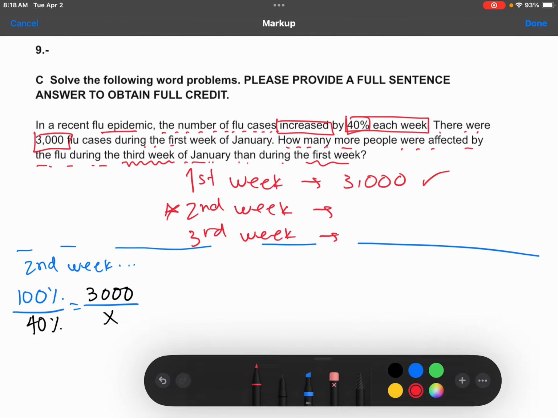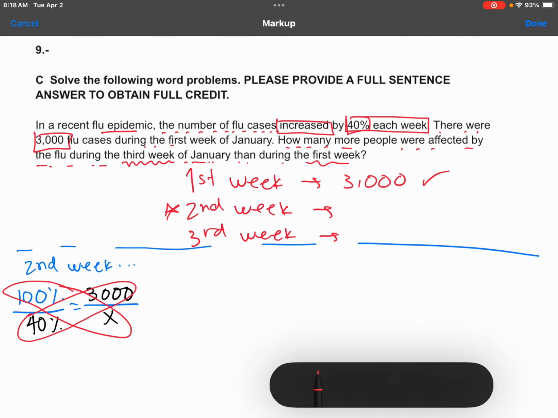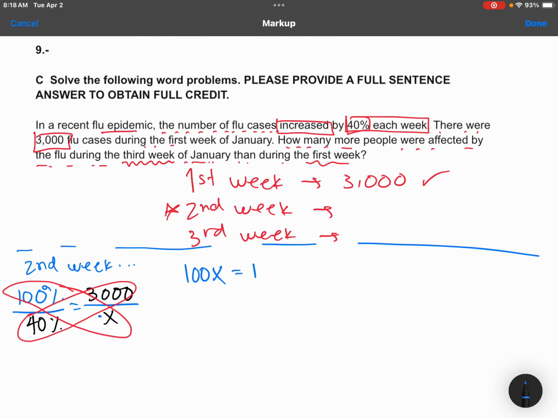So let's just cross multiply here. Okay, so the equation is ready to go. 100 times x is 100x, and then 40 times 3,000 will be 120,000. Big number. Okay, that's my equation.